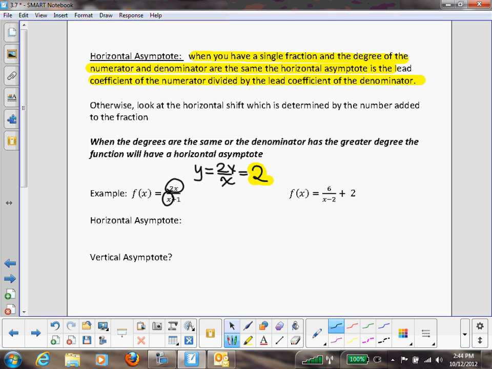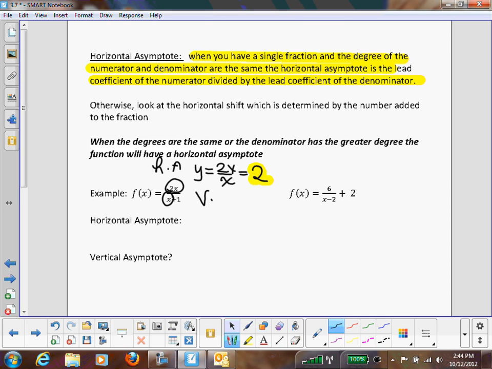So when you have a single fraction, again, and variables appear in the numerator and in the denominator, and the degrees of both are the same, that's how you determine your horizontal asymptote. What if it's like a plus 3 to the side? Doesn't matter. I just want the coefficients of that term that has the x of the highest degree. All right, so this is my horizontal.